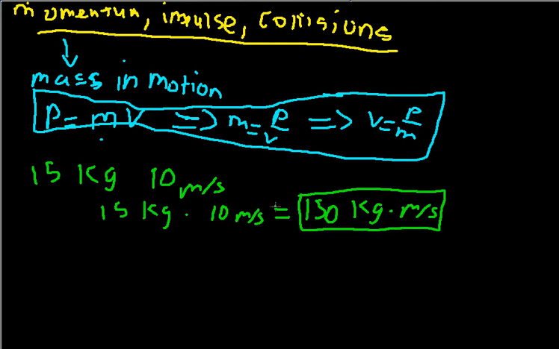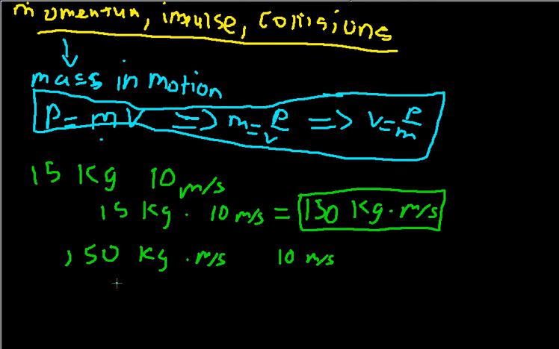If we were given this number here, let's say we were given 150 kilograms times meter per second and running at 10 meters per second, we can find the mass of the object.